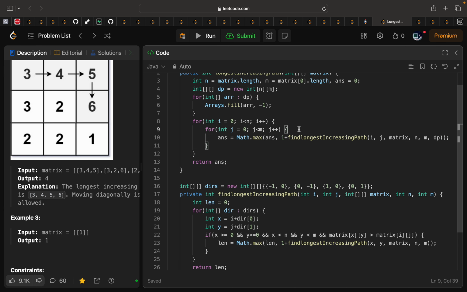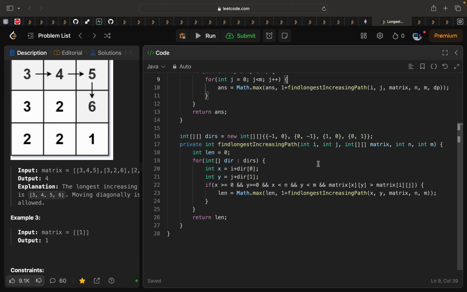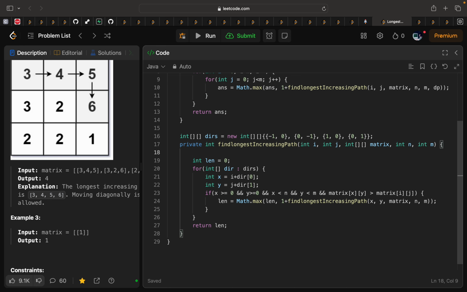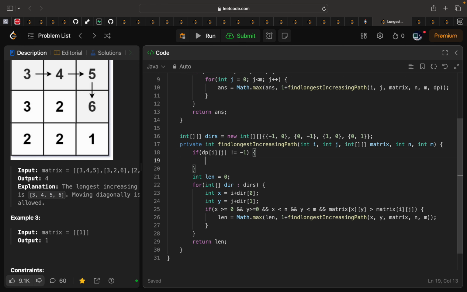Okay, and we can check here that if we have already solved the subproblem for this particular cell, meaning if it's not -1, then we can return the answer that for this particular cell the maximum sequence is this. Otherwise we will calculate for this cell, and at the end we can store it in the dp.